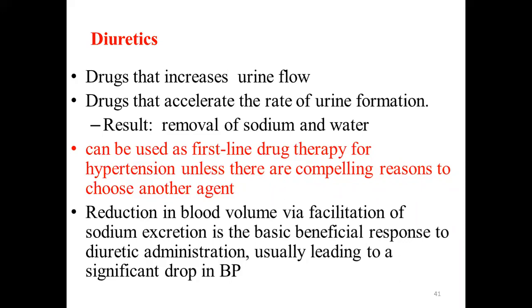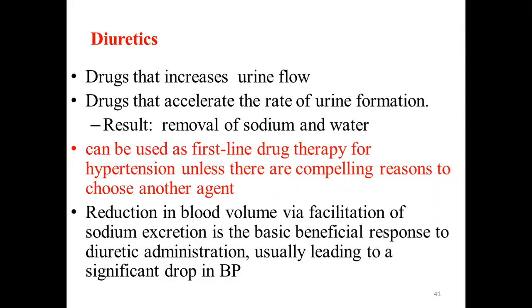If sodium and water are removed from the body, it means you are reducing the blood volume, so you are reducing what? The blood pressure. So they can be used as a first-line drug therapy for hypertension, unless there is a compelling reason to choose another agent.